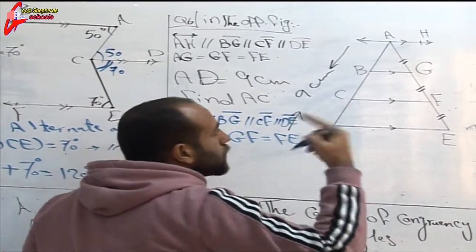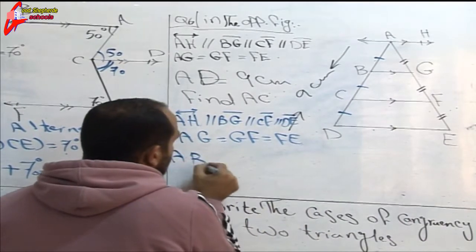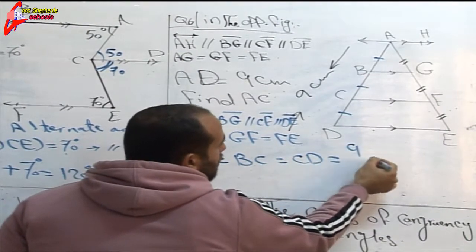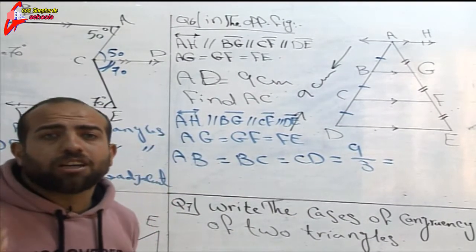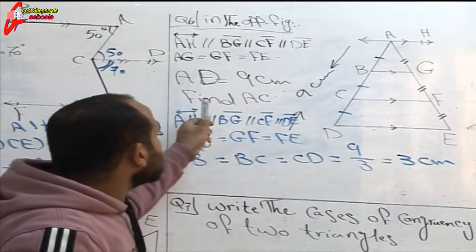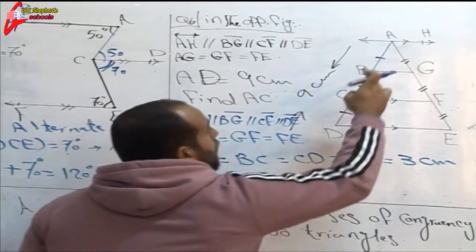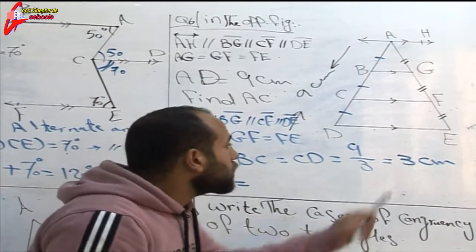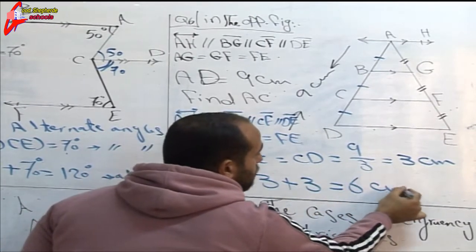So I can deduce that AB equals BC equals CD equals 9 divided by 3 because they are 3 line segments, which means each line segment equals 3 centimeters. Now it's required to find AC. AC equals AB plus BC, and each line segment equals 3 centimeters. So 3 plus 3 equals 6 centimeters.